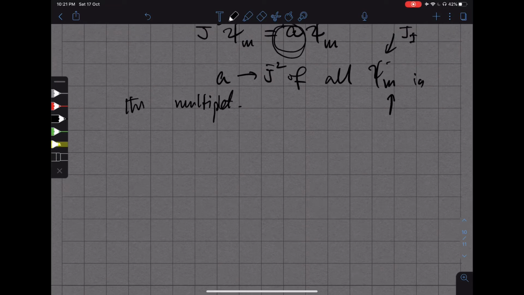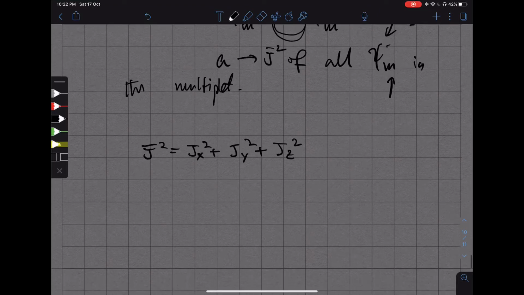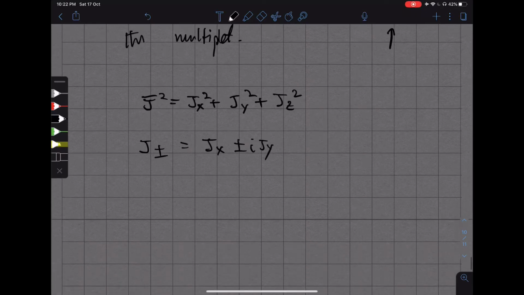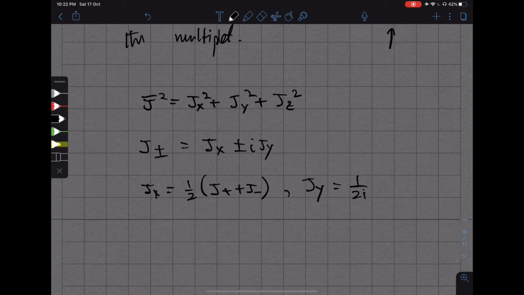To do this, observe that J squared is Jx squared plus Jy squared plus Jz squared. And then we are going to use the fact that J plus minus are Jx plus minus i Jy. Now we can invert this relationship very easily, and we find that Jx is half of J plus plus J minus, and Jy is 1 over 2i times J plus minus J minus.